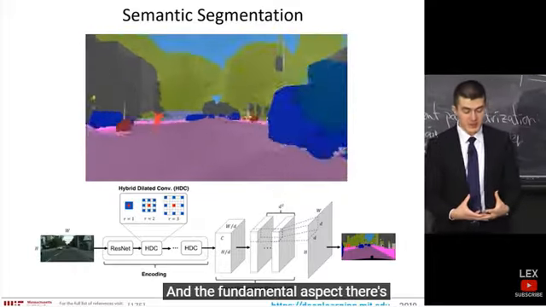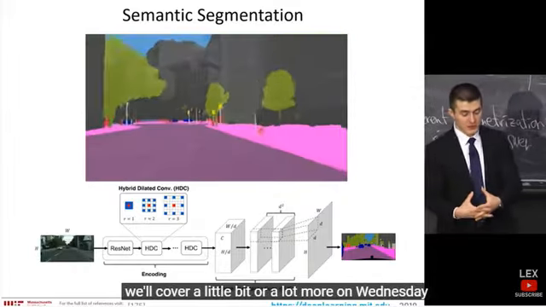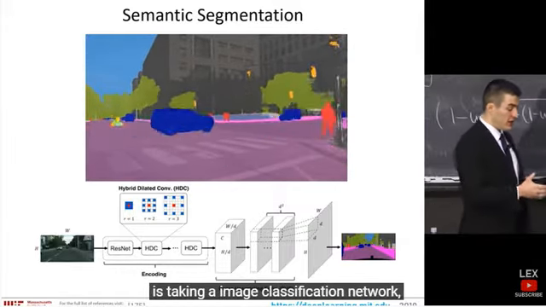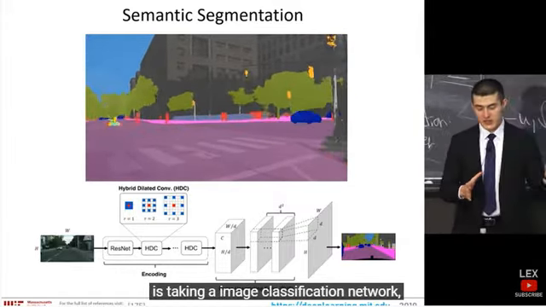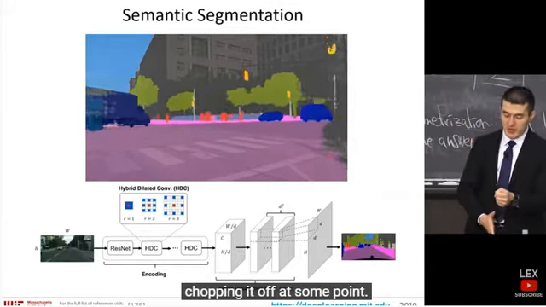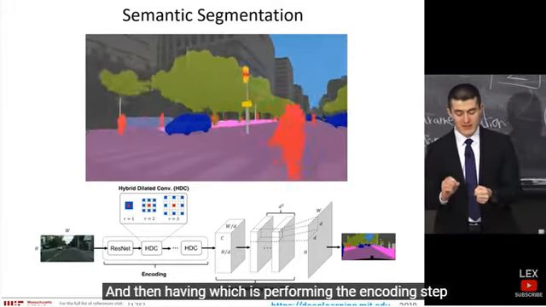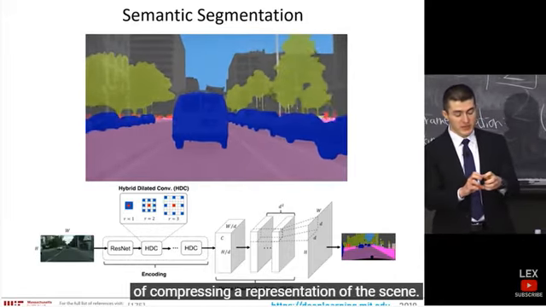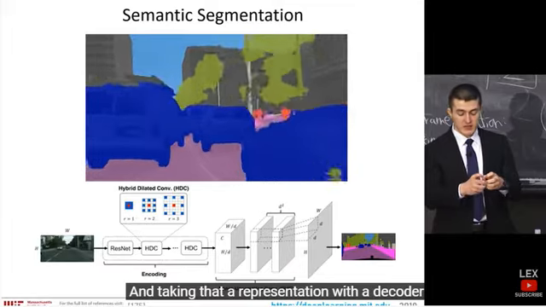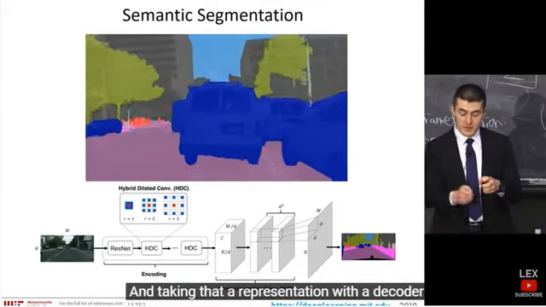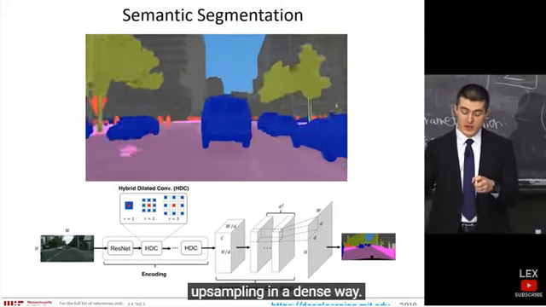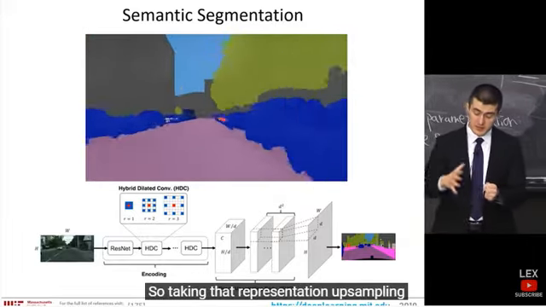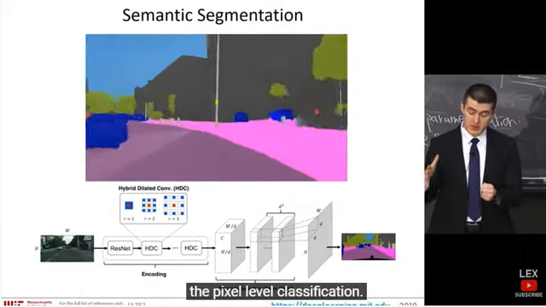And the fundamental aspect there, so we'll cover a little bit or a lot more on Wednesday, is taking an image classification network, chopping it off at some point, which is performing the encoding step of compressing a representation of the scene, and taking that representation with a decoder, upsampling in a dense way the pixel level classification.